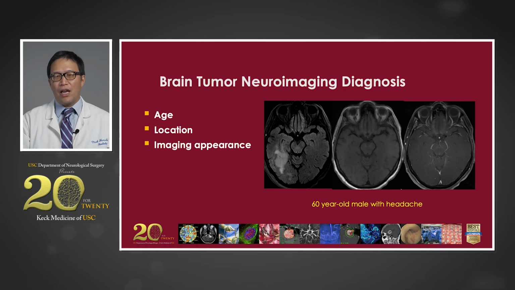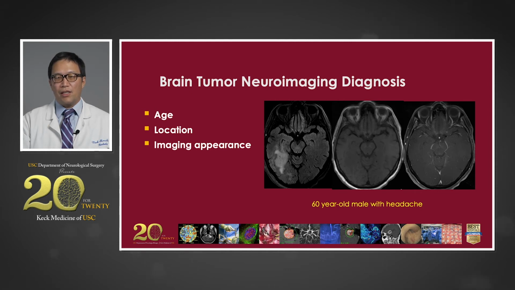And as opposed to an extra-axial lesion like a meningioma, this is an intra-axial lesion because we could see it's clearly arising from the substance of the brain itself. Because it didn't really enhance, the consideration was that this could be a low-grade glioma as opposed to a high-grade glioma. High-grade gliomas usually demonstrate some contrast enhancement, but there are some high-grade gliomas that can demonstrate very little contrast enhancement.